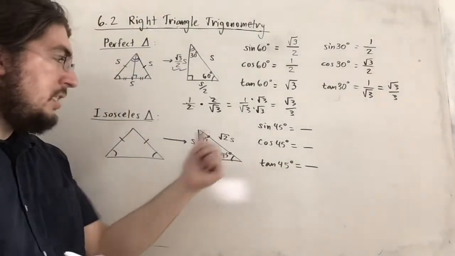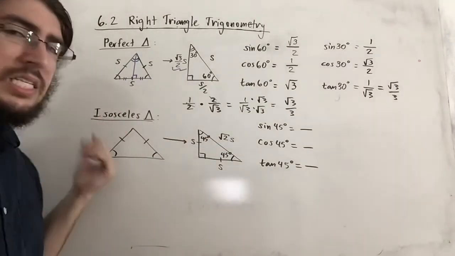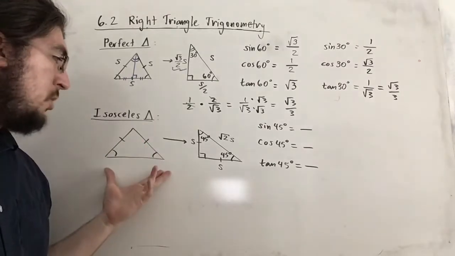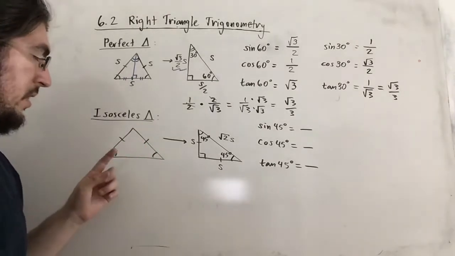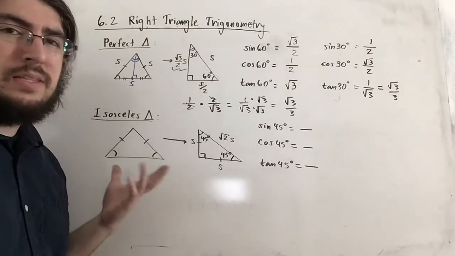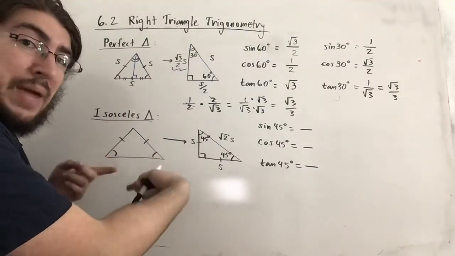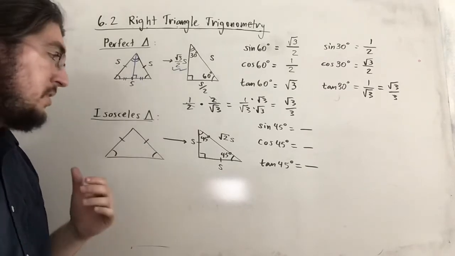So now, sine of 45, well, before I get there, this is a result of an isosceles triangle, kind of similar to what we saw for perfect triangles. An isosceles triangle has a nice result from geometry that if two sides are the same in a triangle, that's called isosceles, then the angles opposite those sides, the base angles in other words, are actually the same measure.